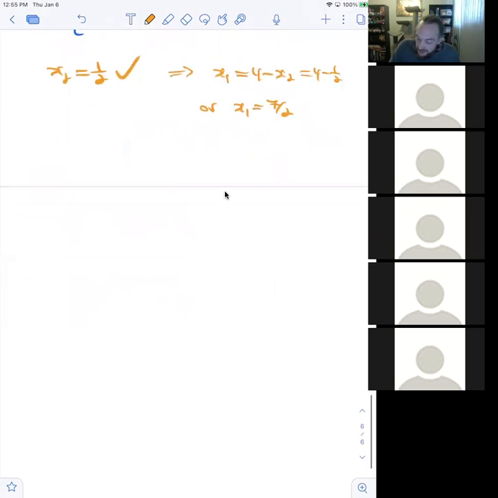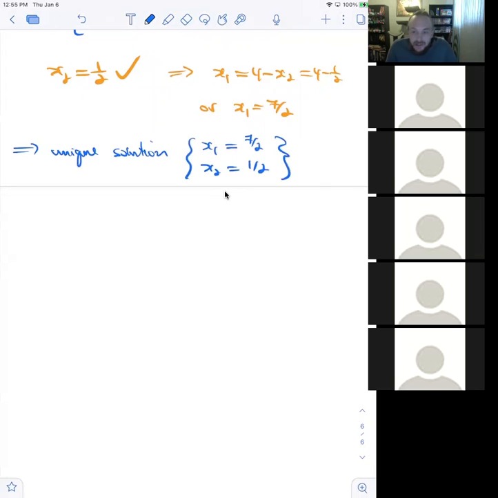This says the unique solution is x1 equals 7/2 and x2 equals 1/2. That's the unique solution.